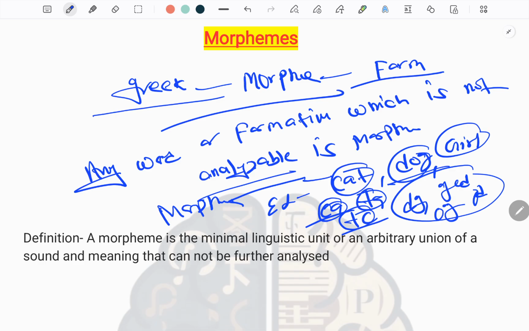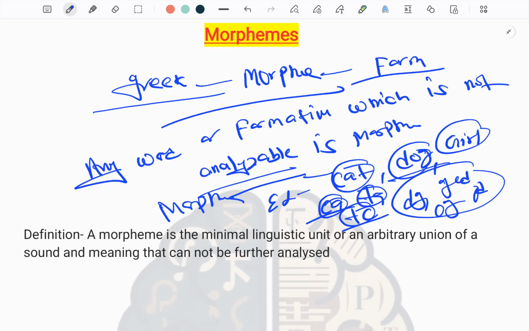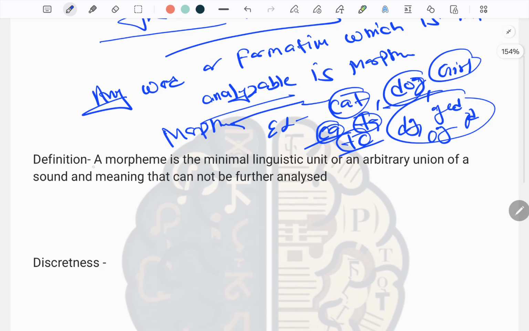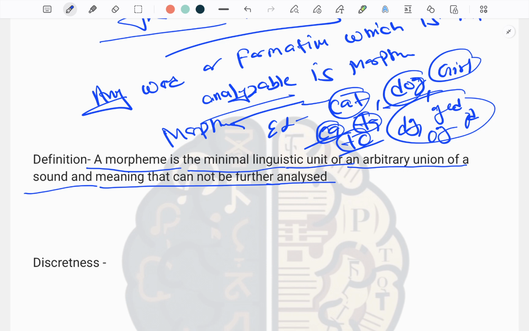So a simple definition according to linguistics: a morpheme is the minimal linguistic unit of an arbitrary union of a sound and meaning that cannot be further analyzed. Means a word which cannot be further analyzed is known to be the morpheme.